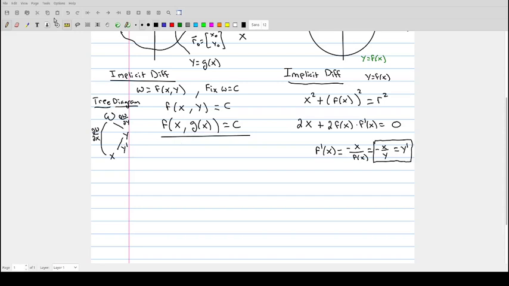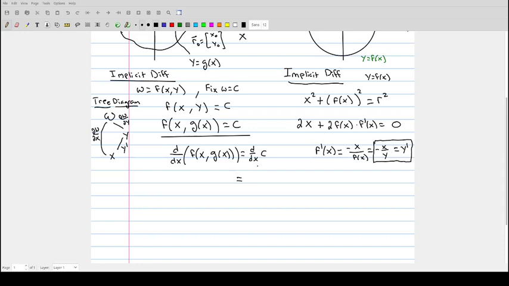So if we differentiate both sides of this expression with respect to x, we take the total derivative with respect to x, we end up getting that the total derivative of this composition of functions with respect to x is the same thing as the total derivative of c.